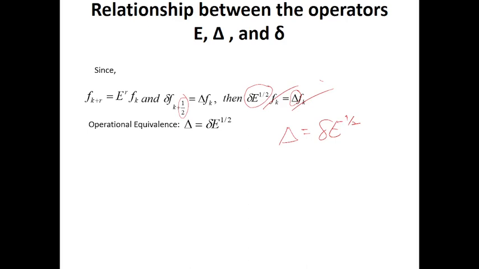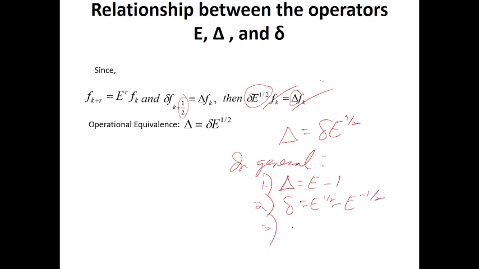So, in general, no? Okay. Tatlo yan. Delta is equal to E minus 1. Delta is equal to e to the 1 half minus e to the negative 1 half. Tapos delta equals delta e to the 1 half. Ayan, tatlo, no? Check nga natin.